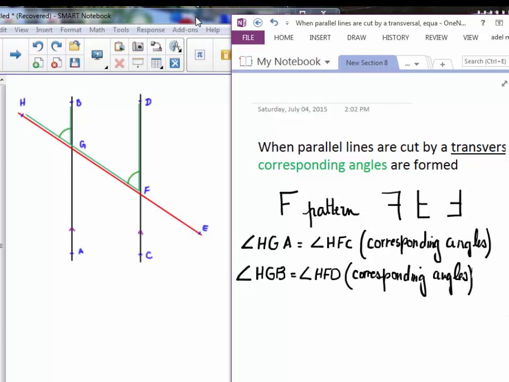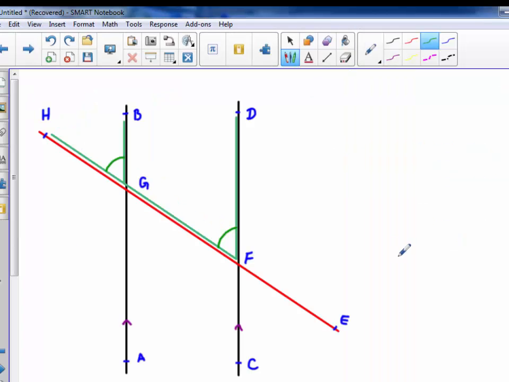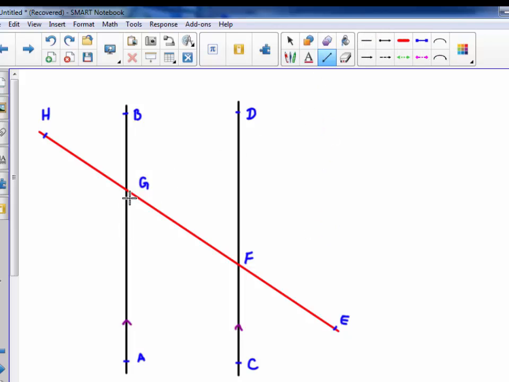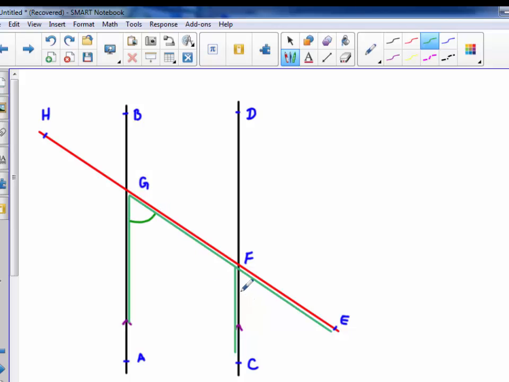Now we're gonna go back to the main drawing and we will try to discover if there are other corresponding angles. If I focus on this side, yes, there are other angles. If I join G with A and G with E and F C, now I can see two corresponding angles, this angle and this angle.